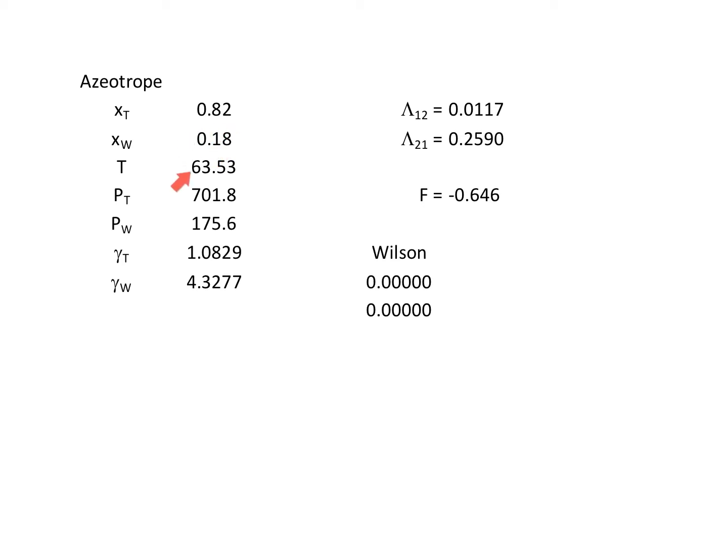And the temperature at that point was 63.5 degrees C. Now, I have seen slightly different values for these compositions and temperature in other resources, but I'm just using the data that was in the Dortmund set. Now, the vapor pressure of THF and water is just calculated using Antoine's equation and this temperature. And then you saw how we can calculate the activity coefficients as just the total pressure over the vapor pressure.